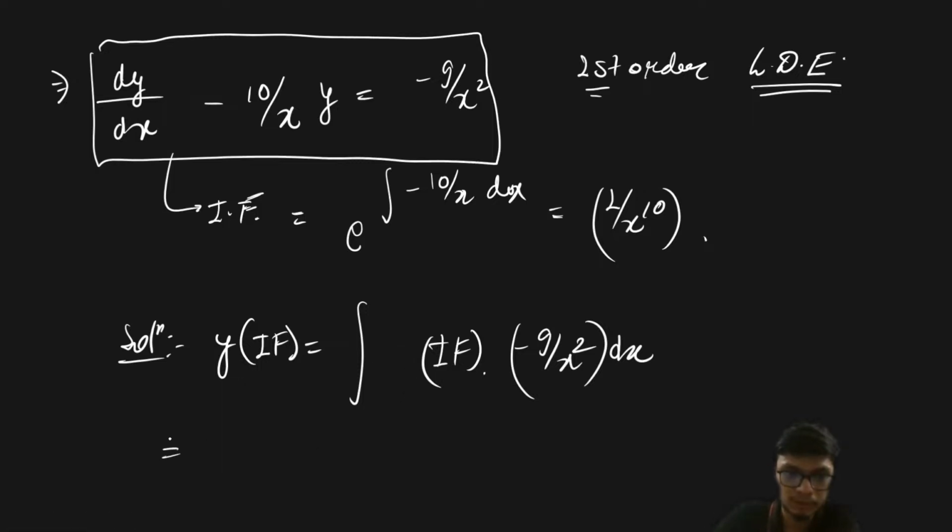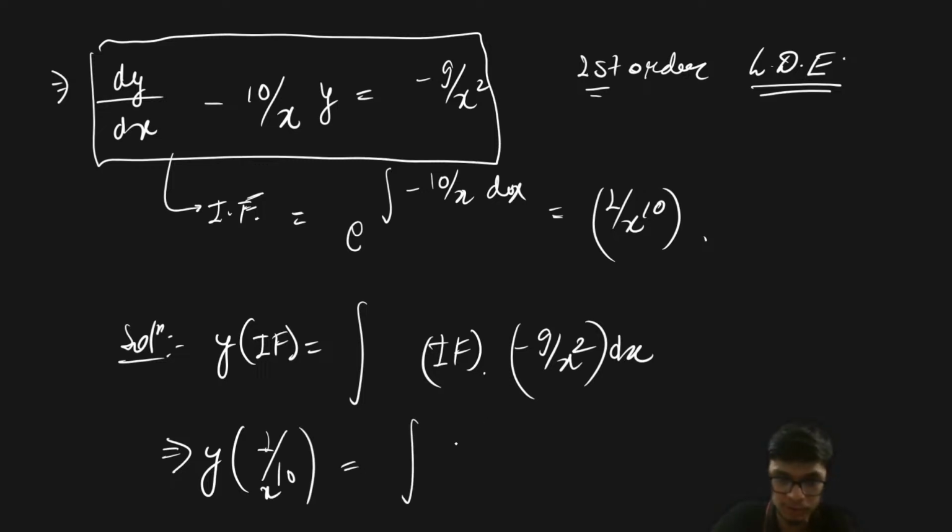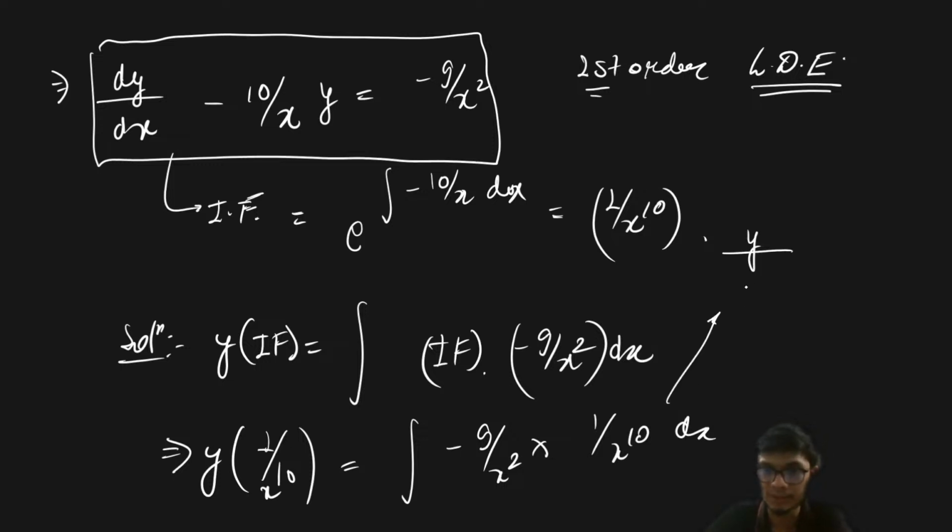Then the solution will be y into 1 upon x to the power 10 is equal to integration of minus 9 upon x square into 1 upon x to the power 10 dx. On solving it, I get y by x to the power 10 is equal to 9 by 11 into 1 upon x to the power 11 plus some constant c.